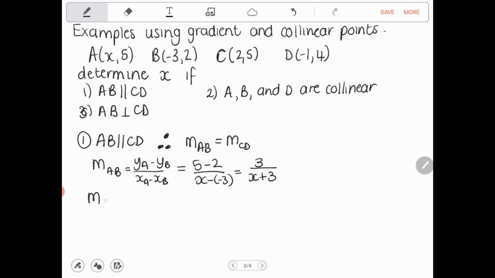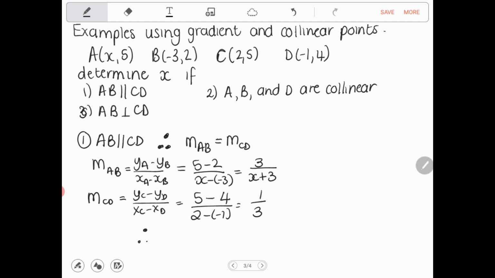Now I'm going to look at the gradient of CD. It's the y at C minus the y at D over the x at C minus the x at D. C and D are up at the top there. It's 5 minus 4, and then 2 minus 1, which gives me 1 over 3.